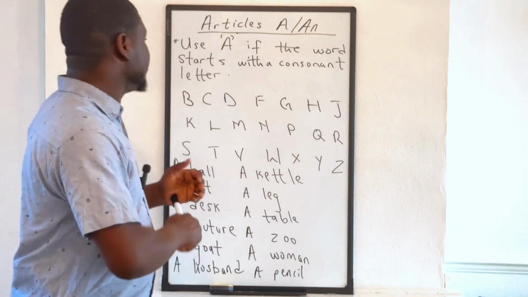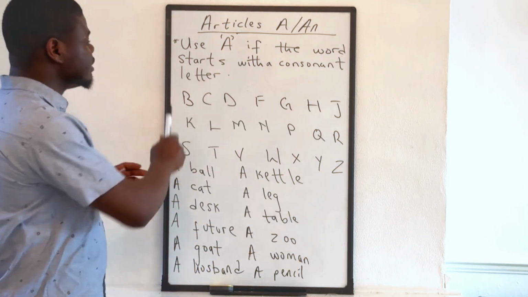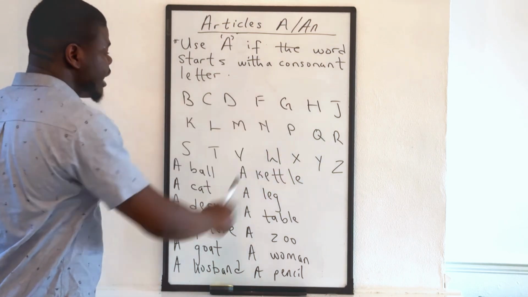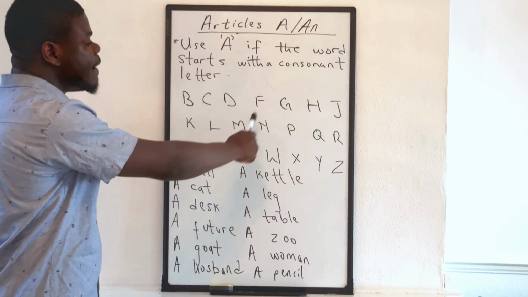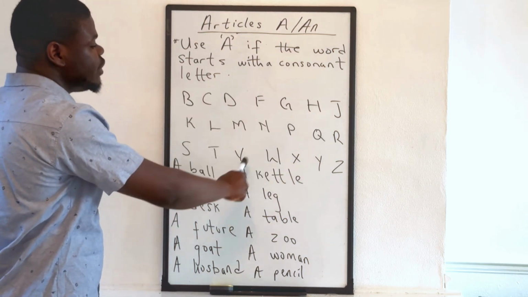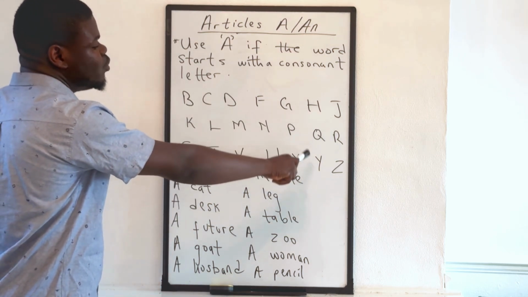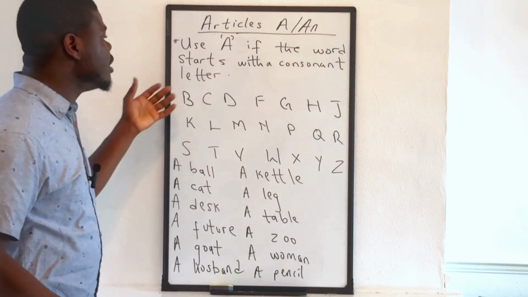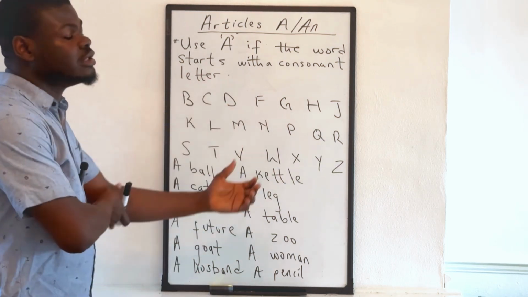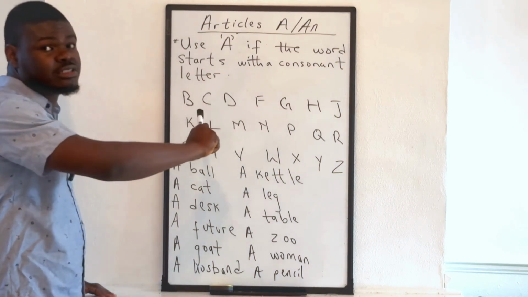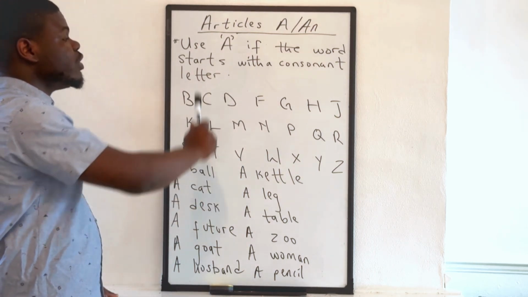And these are the consonant letters: B, C, D, F, G, H, J, K, L, M, N, P, Q, R, S, T, V, W, X, Y, Z. Just in case you don't know what consonant letters are, these are consonant letters. So if a word begins with any of these letters, what you should use should be what?